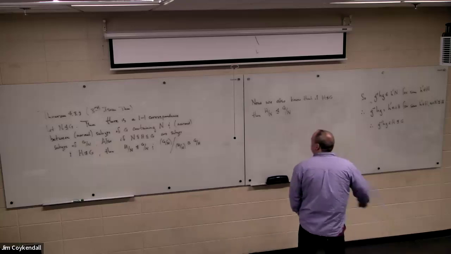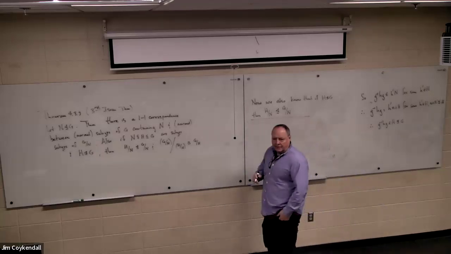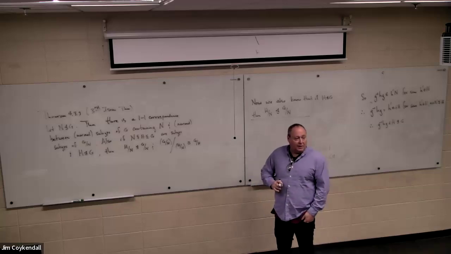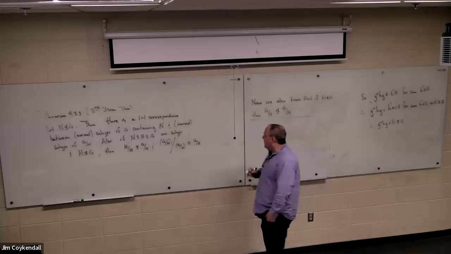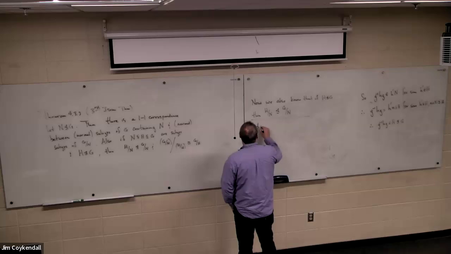How about this? Once again, I'm going to use my friendly neighborhood first isomorphism theorem, I think. Let me define the following homomorphism. And I want to be careful about this.